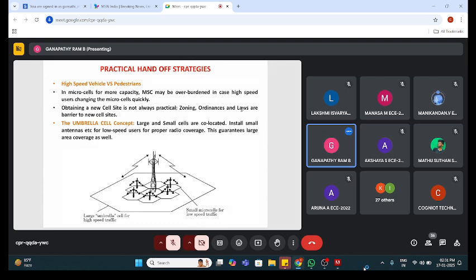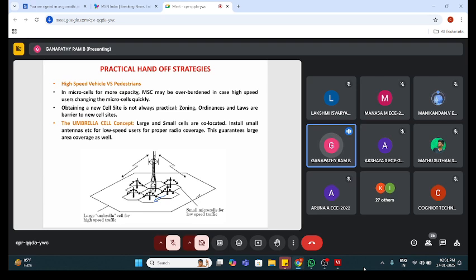So within the cell, there are some microcells available. The large cell is called the umbrella cell. Pedestrians can move from one location to another at a constant, very low speed, so they can use these microcells.